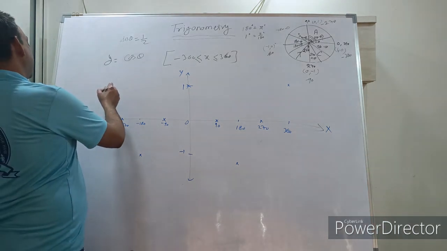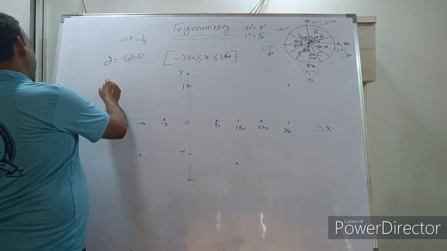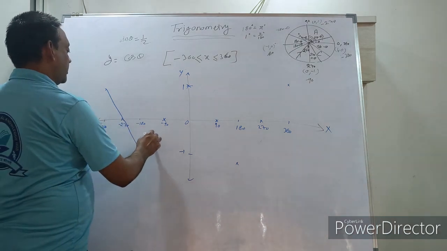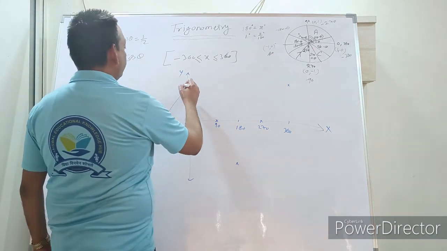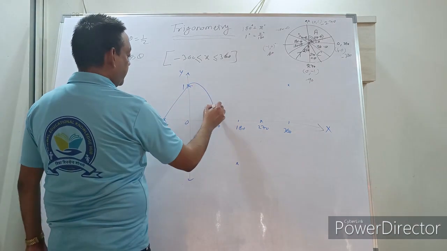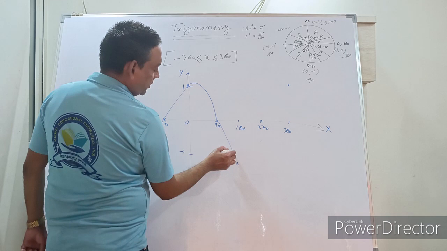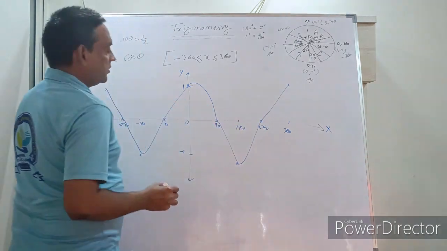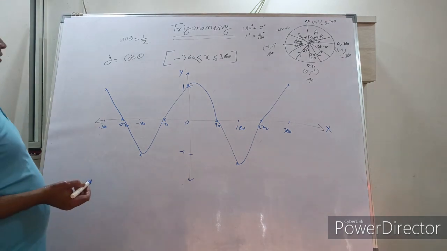So start from here, it will be 0, then coming here, and then again it will be going this way. Then from here it will be 270, coming down, and then it goes to 1. Okay, so you can see the graph here.